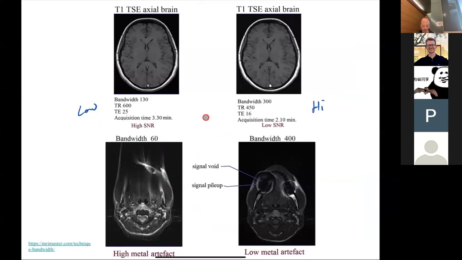So with metal artifacts, it tends to lead to a lot of blurring and smearing at low bandwidth. At high bandwidth, you can deal with some of that. There are still some artifacts here, but it's much better than here. So there are cases where, yes, it's got lower SNR, but it dealt with the artifacts.